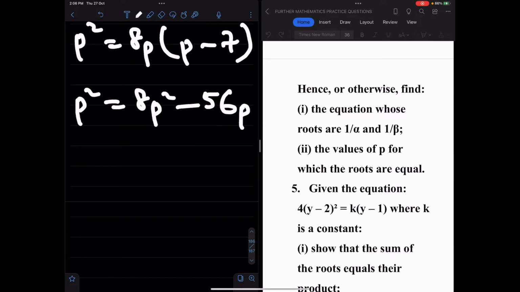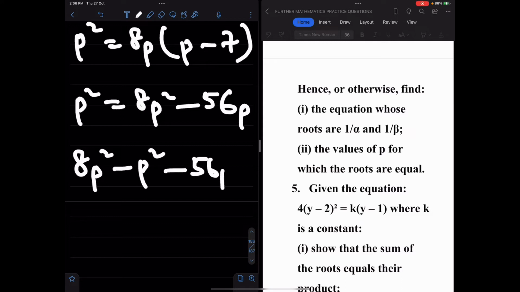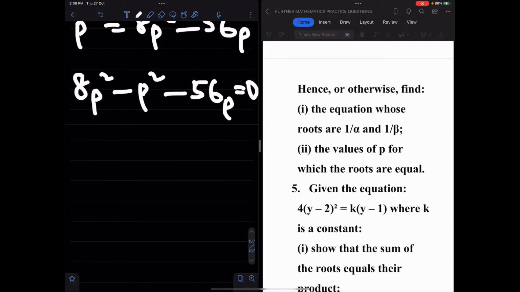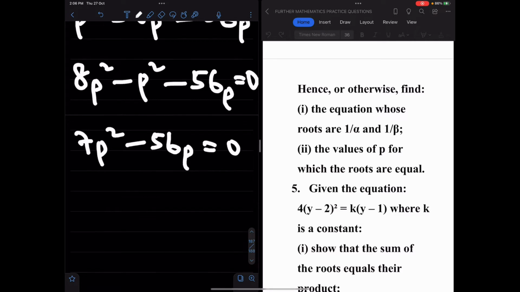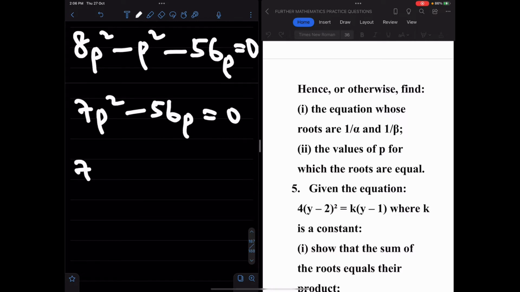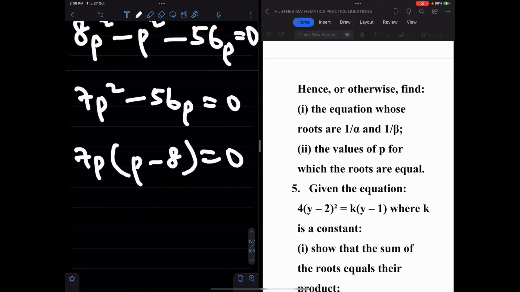Now, I can move p squared to the right hand side to have 8p squared minus p squared minus 56p equals 0. And this is the same as 7p squared minus 56p equals 0. And this simply means 7p into bracket p minus 8 equals 0.